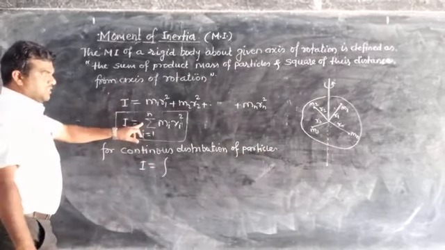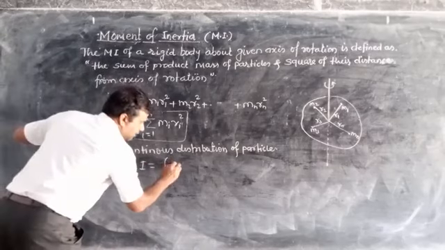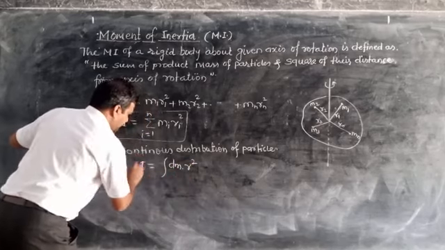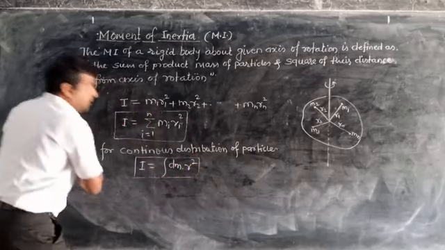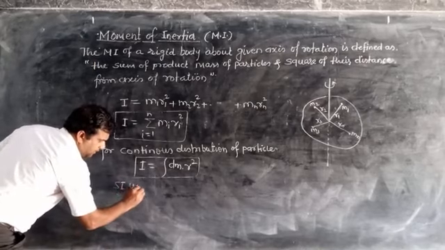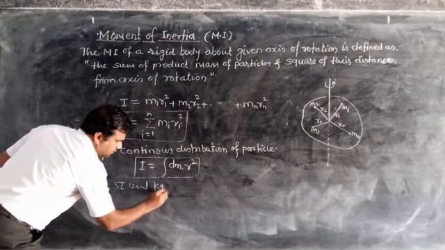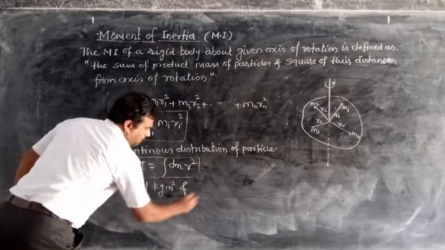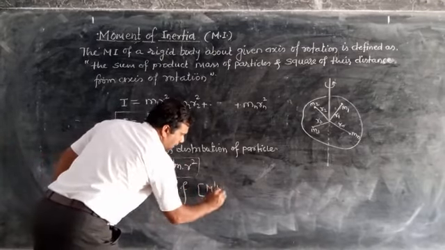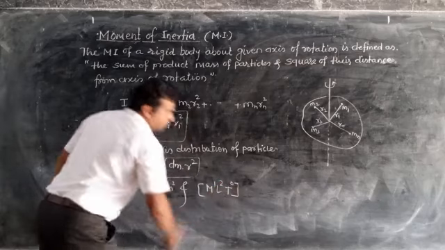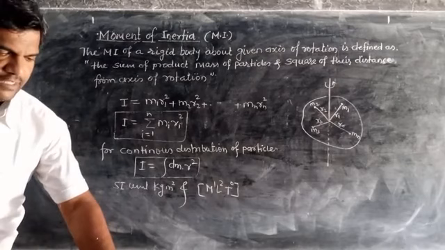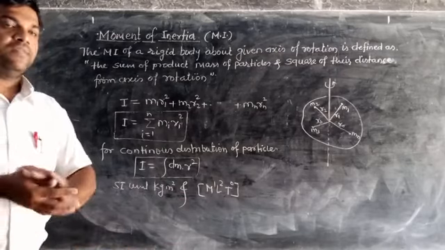We replace the summation sign with the integration of dm, that is small mass, into r square. The SI unit of moment of inertia is kg meter square, and the dimensions are M1 L2 T0.